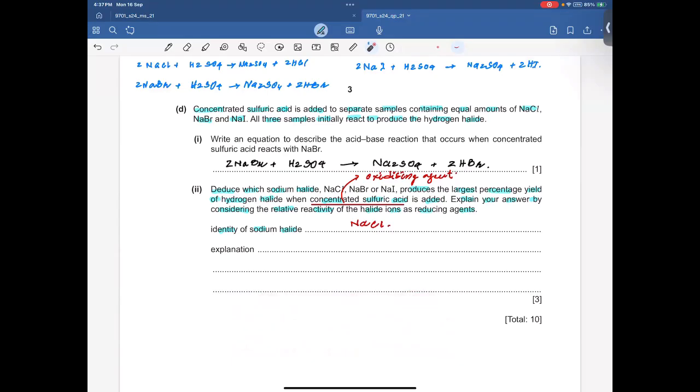And let me write it. First of all, chloride is not a strong reducing agent.